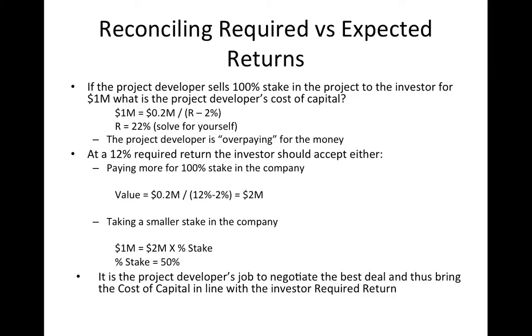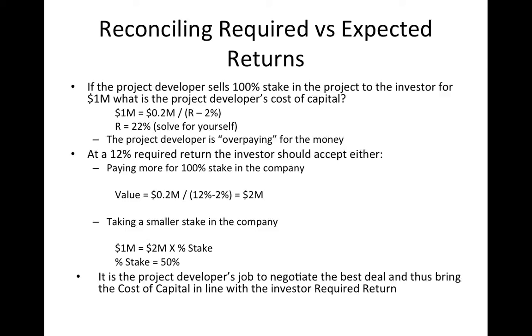And so a lot of the theory around finance and cost of capital and required rates of return that we'll be talking about later on, all that theory assumes that there will be a negotiation between the investor and the person that needs the investment money, and that where that negotiation will finish is the minimum amount that the investor has to pay in order to get the money, right?